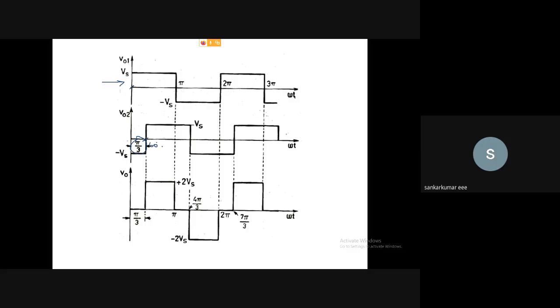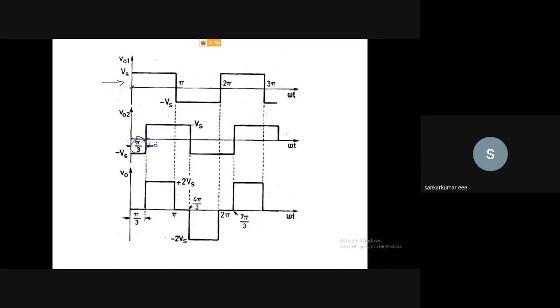So likewise, the inverter has to be built. Both the waveforms will have the same frequency and the same magnitude, but the only difference is the phase difference. Here it is 0 degrees, and here the phase difference is 60 degrees.